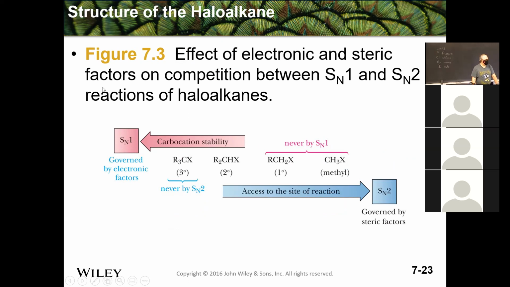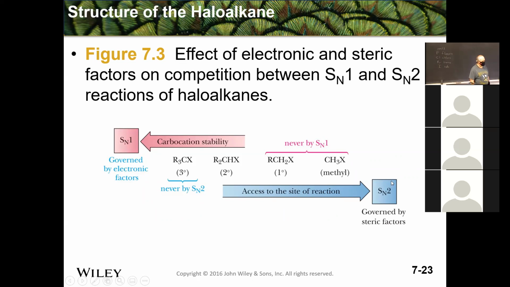This figure shows the effect of electronic and steric factors in competition between SN1 and SN2 reactions of haloalkanes. If we have a tertiary halide, like 2-bromo-2-methylpropane, that's going to be governed by electronic factors. That's going to be SN1 and never SN2. It's too crowded.